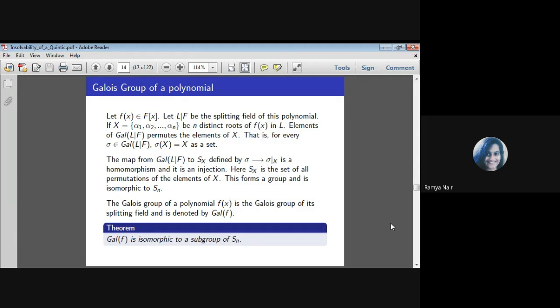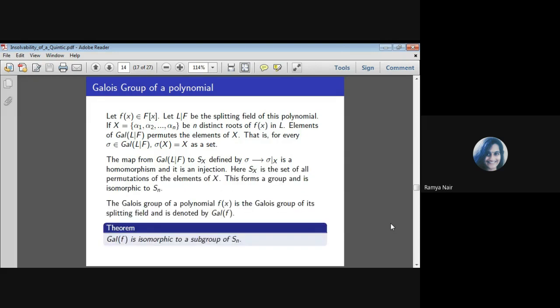This doesn't mean that sigma sends alpha 1 to alpha 1 or alpha 2 to alpha 2 or anything like that, but as a set, the elements of the Galois group fix that set. Does anyone have a problem with that statement, sigma of X equals X? An example we'll see in the next slide.